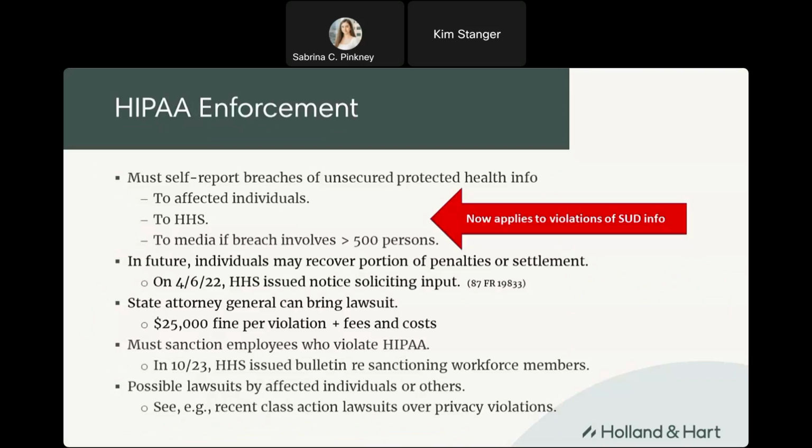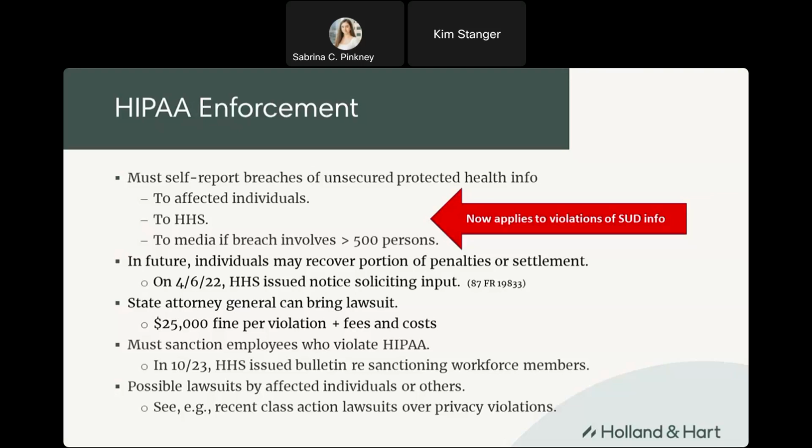First and foremost, of course, you've got to self-report your breaches of unsecured protected health information to affected individuals, to HHS, and to media if the breach involves more than 500 persons in a particular state. The cost of that investigation and those notices, both in dollars and also in adverse publicity, can be extensive. So you want to make sure you comply with HIPAA just to avoid that.